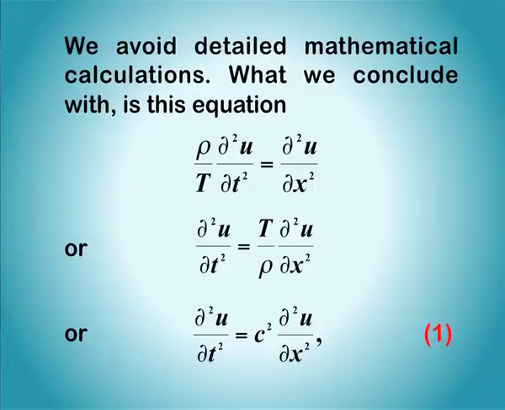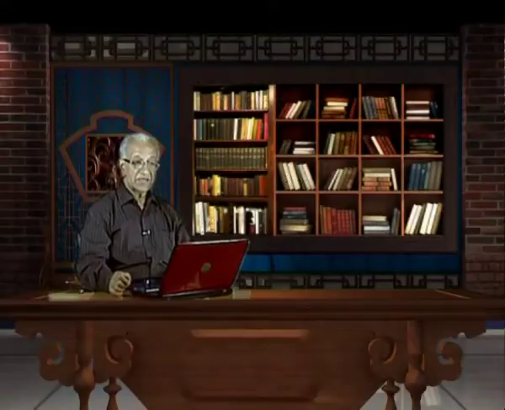Everything is written, reduced slowly, and we arrive at equation 1, in a very compact form, written as d2u/dt square is equal to c square d2u/dx square, that we mark as equation 1.